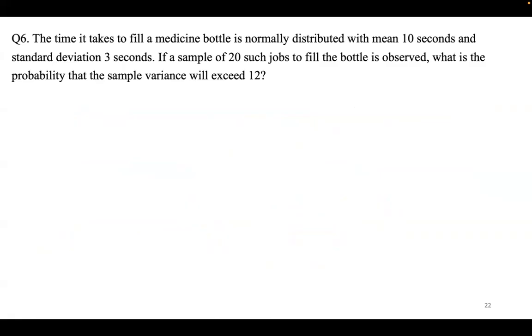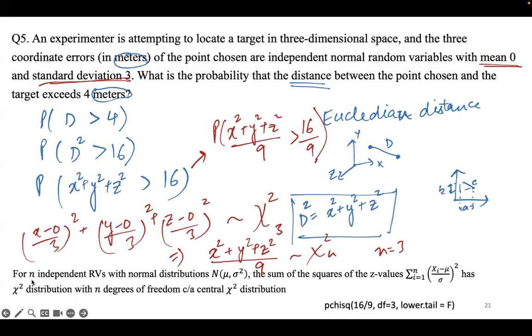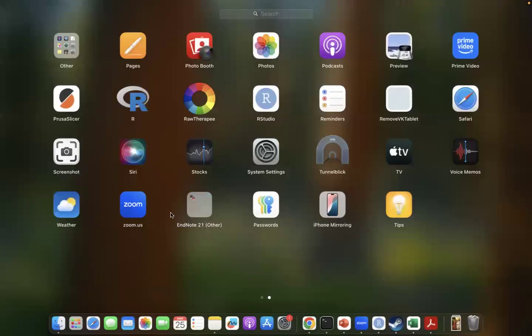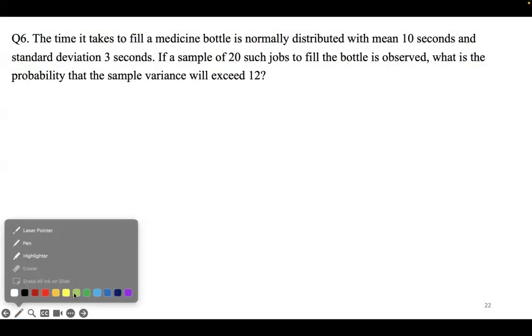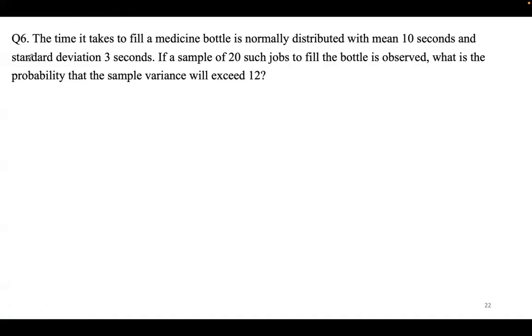So in this case, we are saying that the time it takes to fill a medicine bottle is normally distributed, with mean equal to 10 and standard deviation equal to 3.